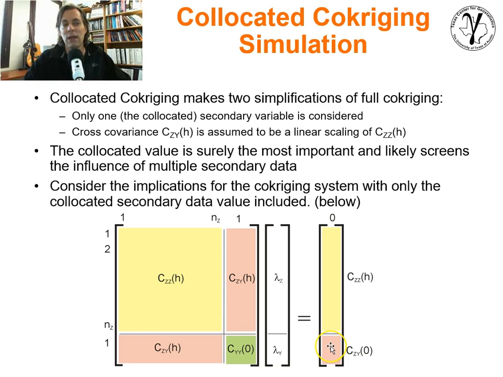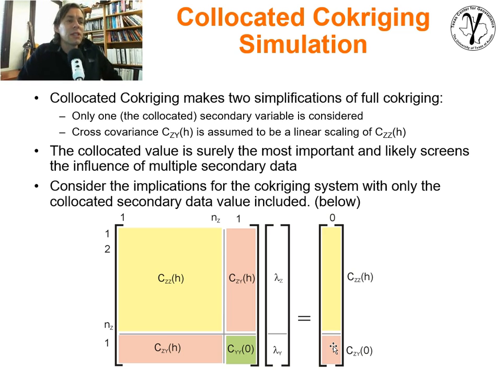And this component of the right-hand side would be the covariances between all of the secondary data and the unknown location, which is a primary data. And so these would be your typical direct covariances of the primary, typical covariances of the secondary, but these would be cross covariances right here. And you would have a set of cross covariances between the data and the unknown locations.